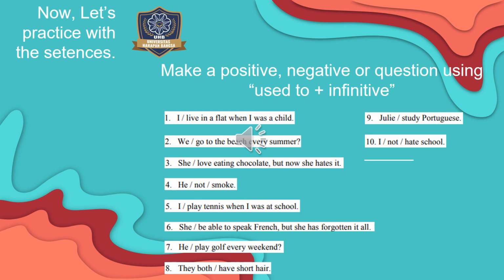She loved eating chocolate, but now she hates it. We don't see a question mark, and the clue of negative is not. So number 3 is a positive sentence.